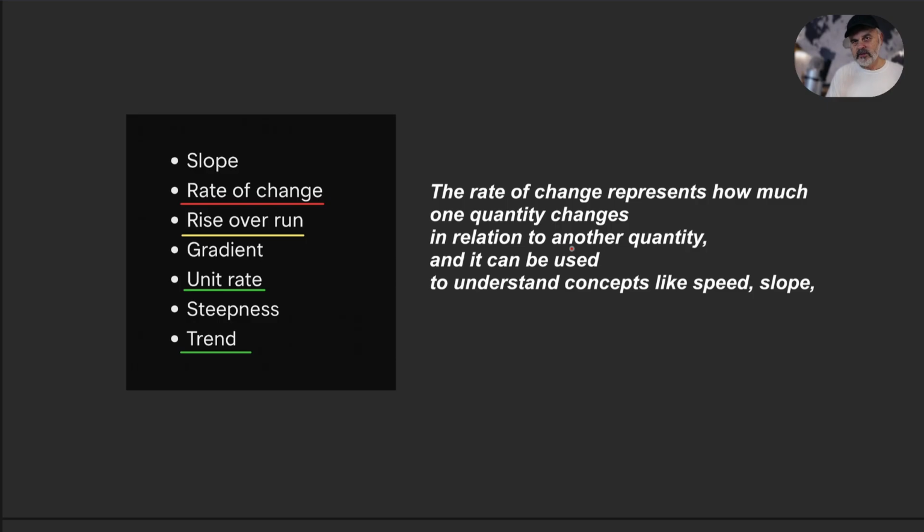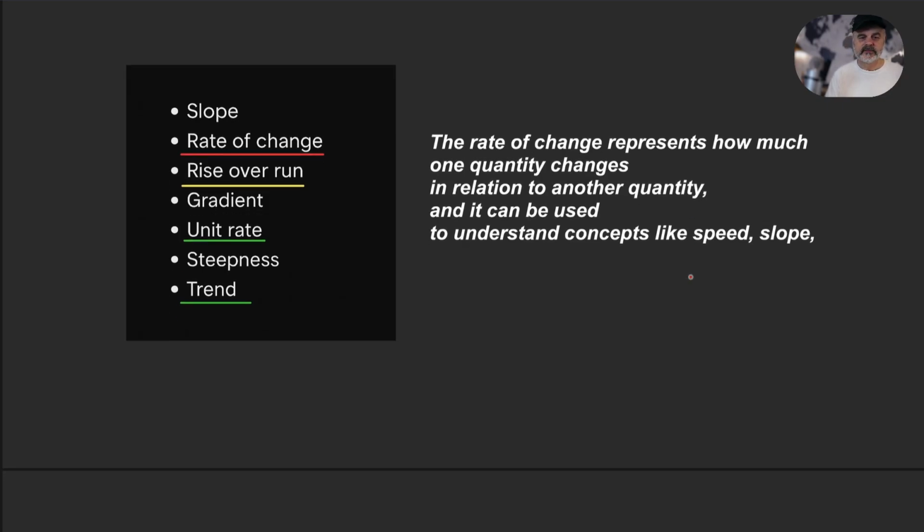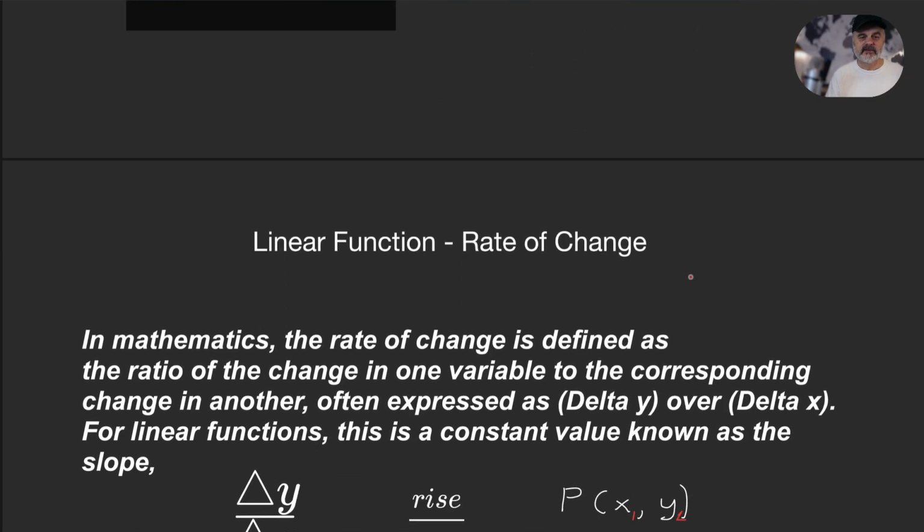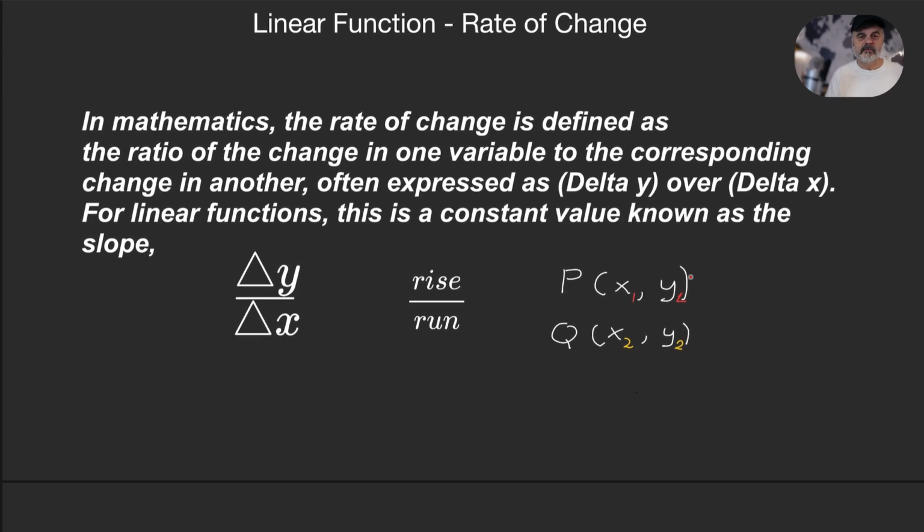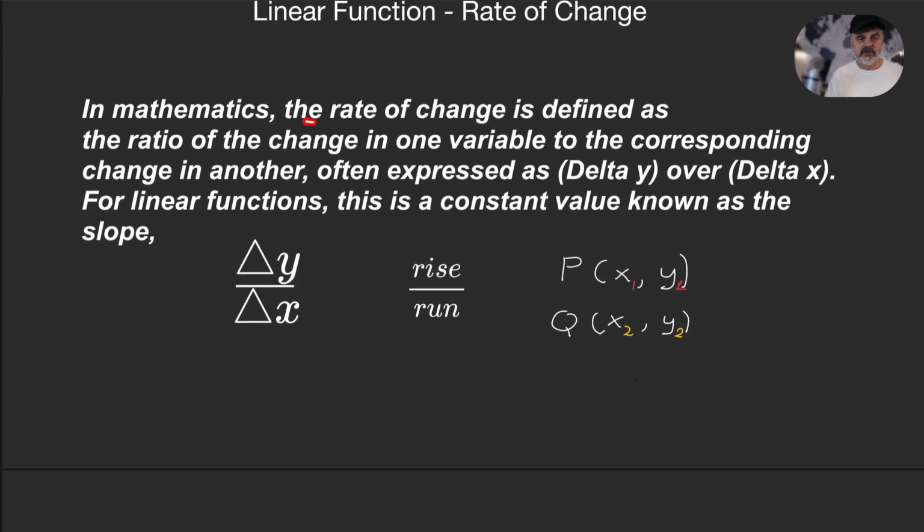That ratio could be expressed in the form of a fraction, a decimal number, a whole number, negative numbers, a percentage, etc. But in mathematics, the rate of change is defined as the ratio of the change in one variable corresponding to the change in another variable.